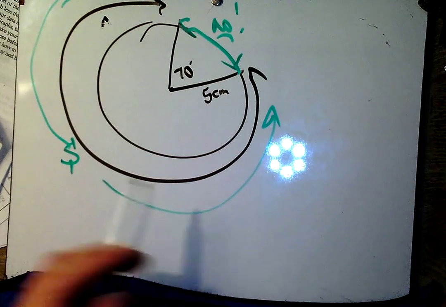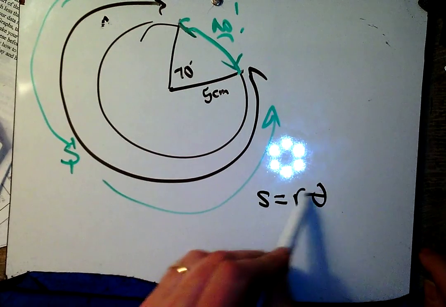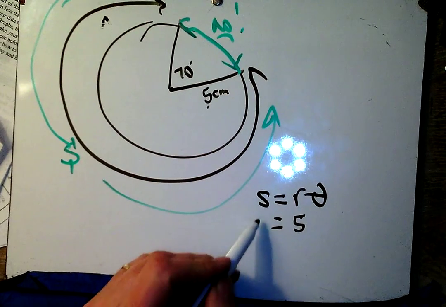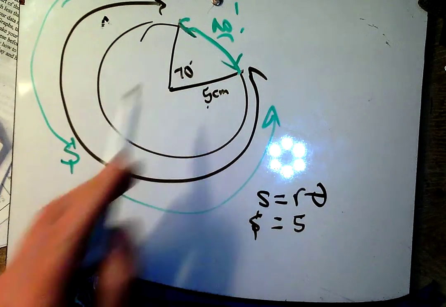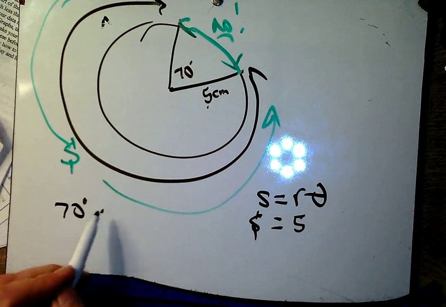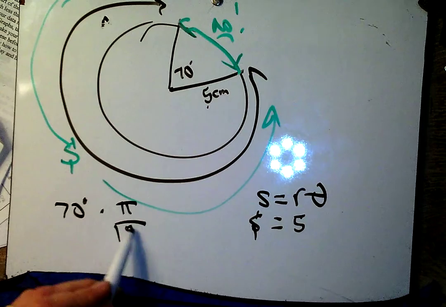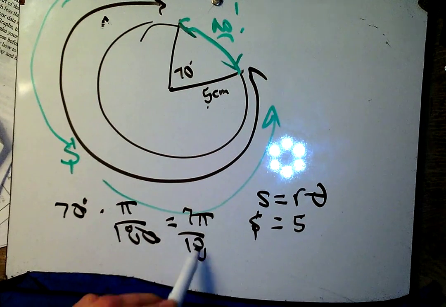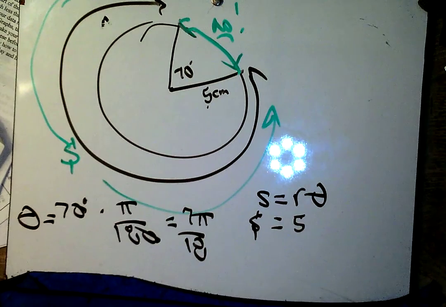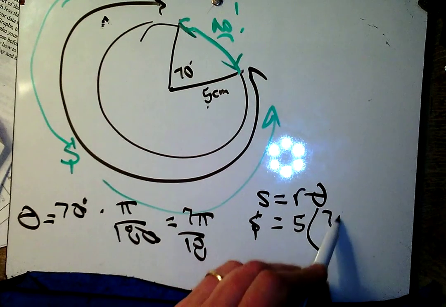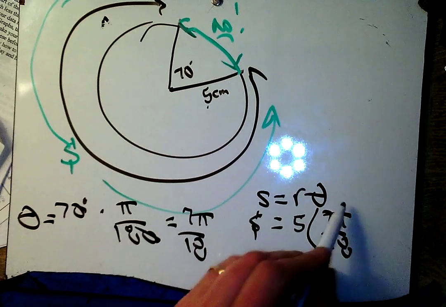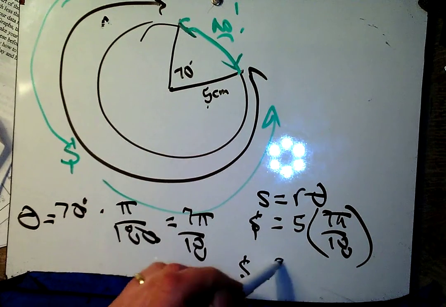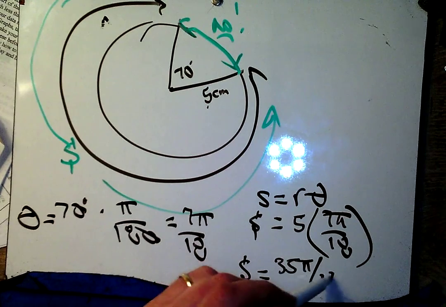So I'm doing S equals R theta. I know my radius is 5, but what's my theta? Oh, it's degrees. Let's change it over to radians, times pi over 180. So I get 7 pi over 18 is theta. And so if I multiply, I get that S equals 35 pi over 18.